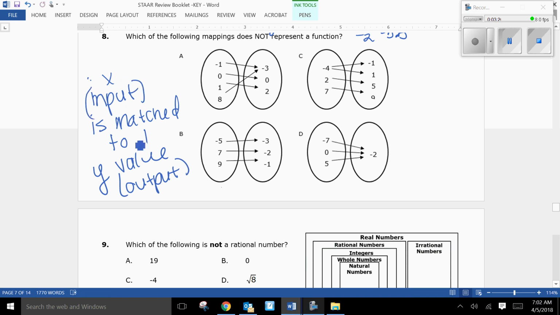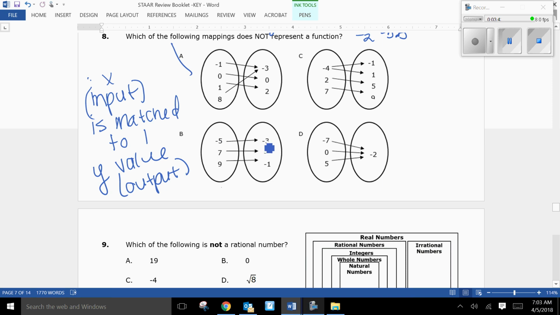So x is matched to one y value output. So if I look at A, -1 is matched to -3, 0 is matched to 0, 1 is matched to 2, and 8 is matched to -3. So each x value is matched to only one y value. So this one is a function, so that is not my answer.